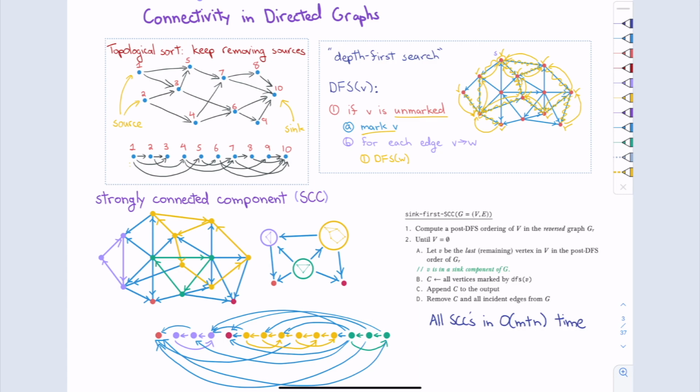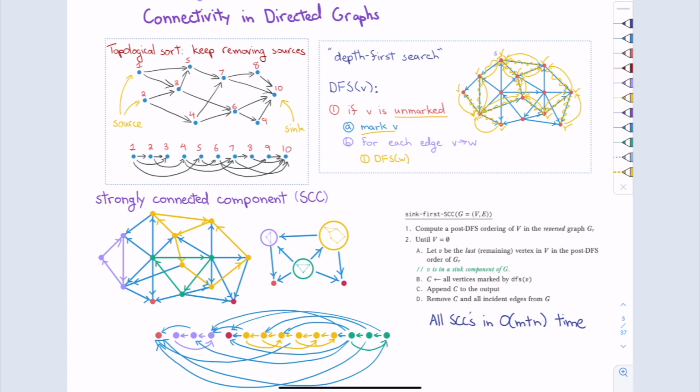And what's really nice is that if I contract each of the strongly connected components into a vertex, the remaining graph is automatically a DAG of strongly connected components. In a sense, this gives you a very compact summary of all the reachability relations.